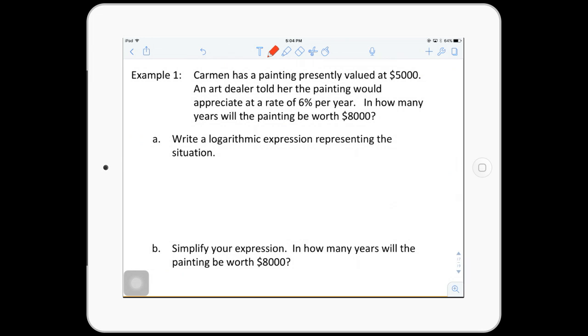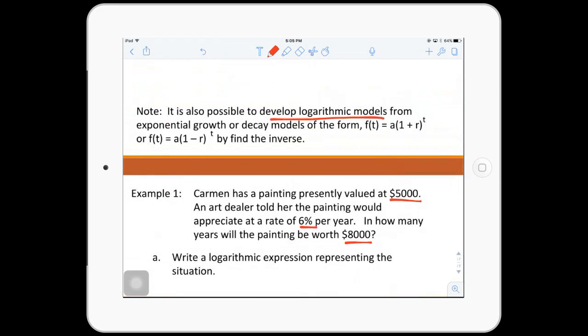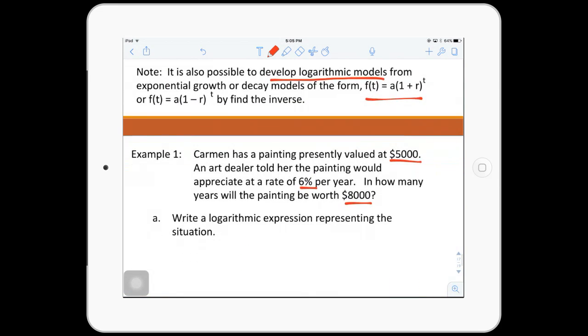Let's take a look at a problem that has to do with value increasing or decreasing. Example 1. Carmen has a painting presently valued at $5,000, and an art dealer told her the painting would appreciate at a rate of 6% per year. In how many years will the painting be worth $8,000? Part A says write a logarithm expression representing the situation. We are using the formula for growth because we have a growth situation.